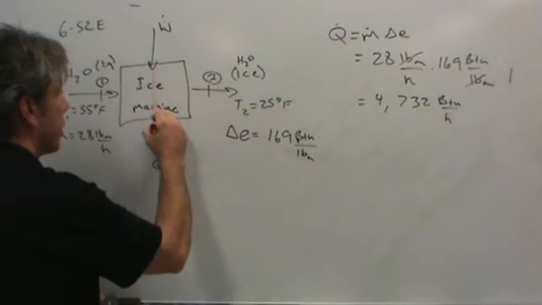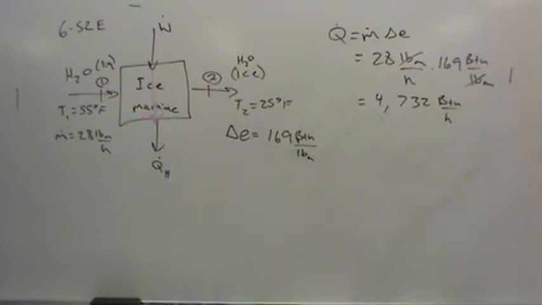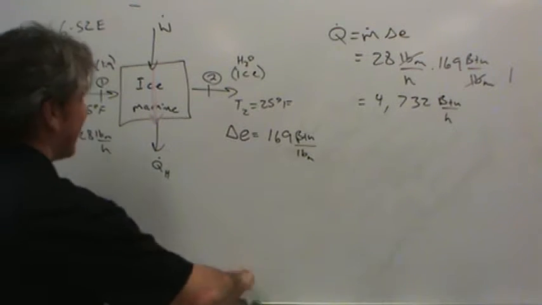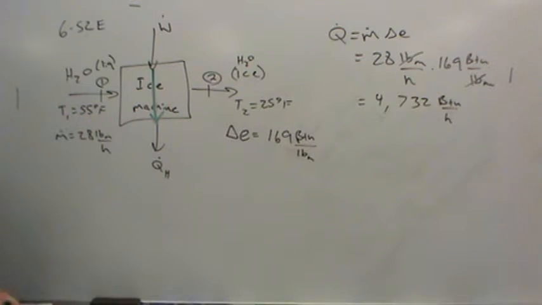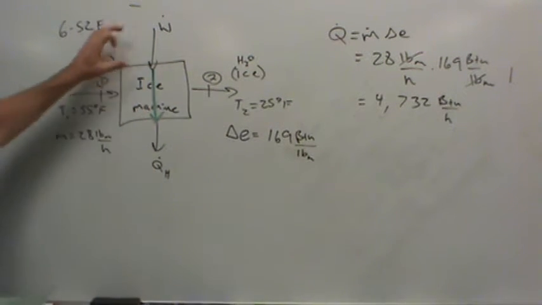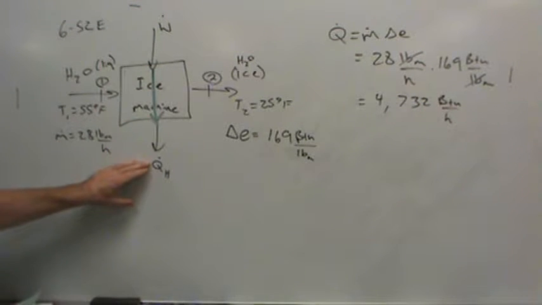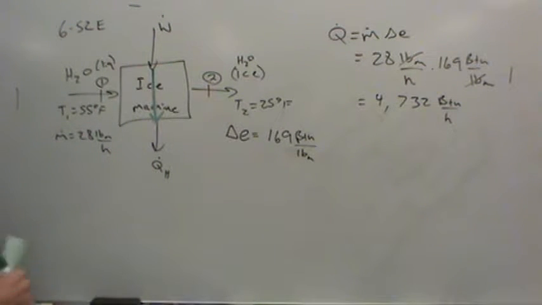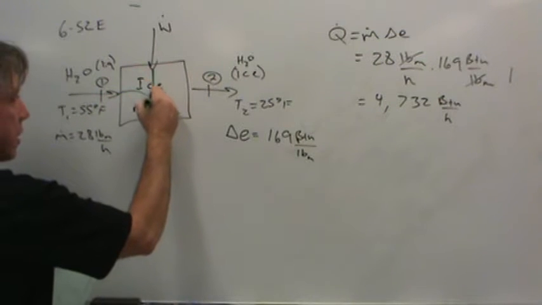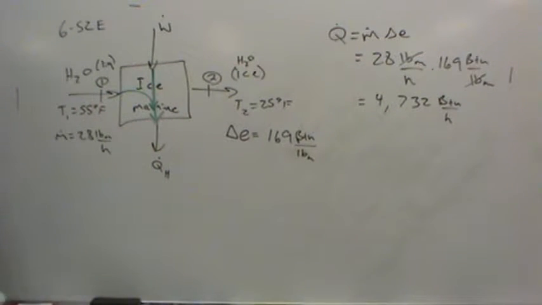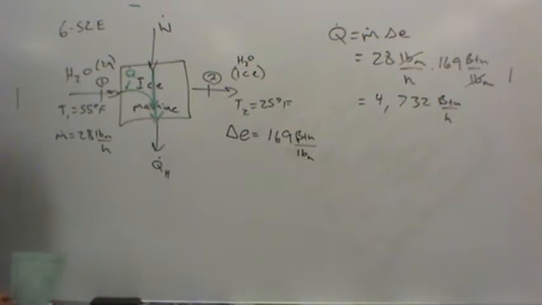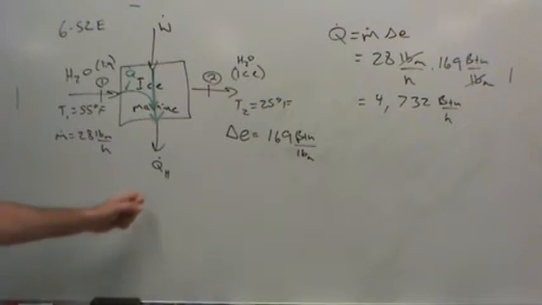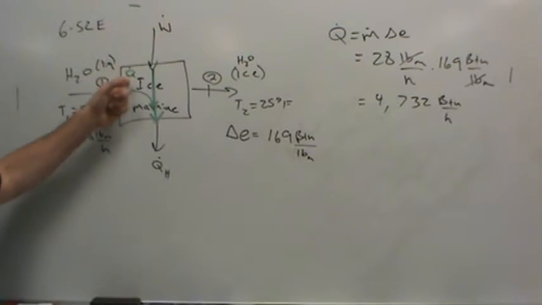Green will be energy. Good enough. So all of the work is transformed into thermal energy. But energy has to come out of the ice as well and add to that stream. In fact, this is the Q dot we just calculated. But this is the sum of those two.